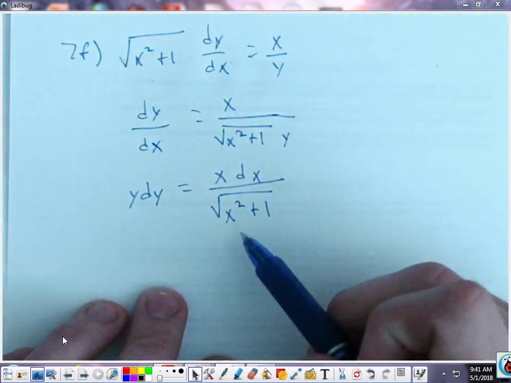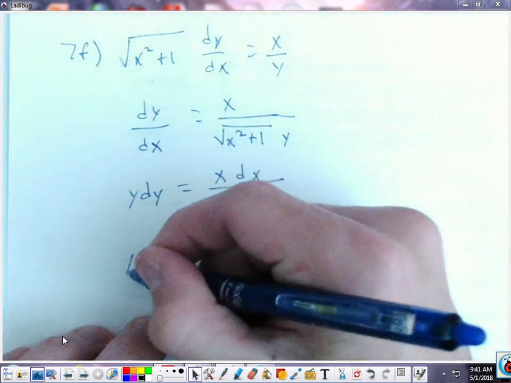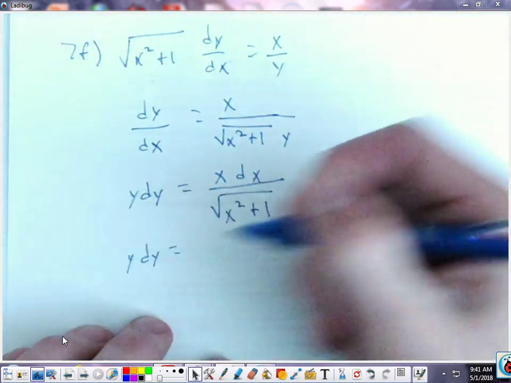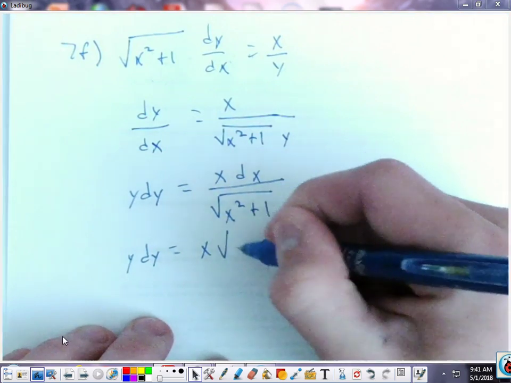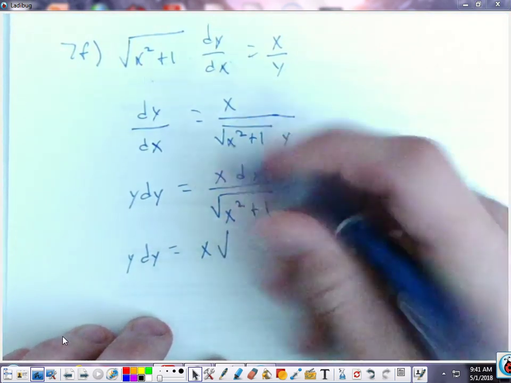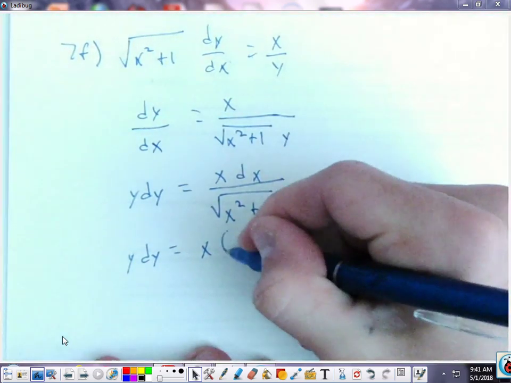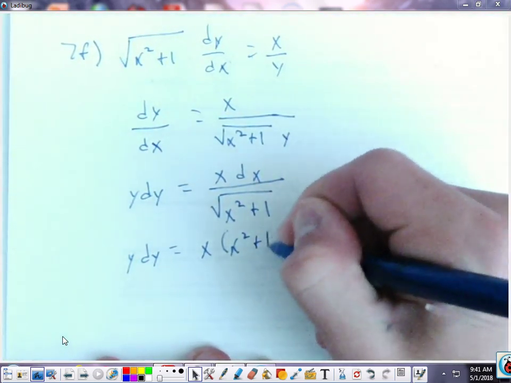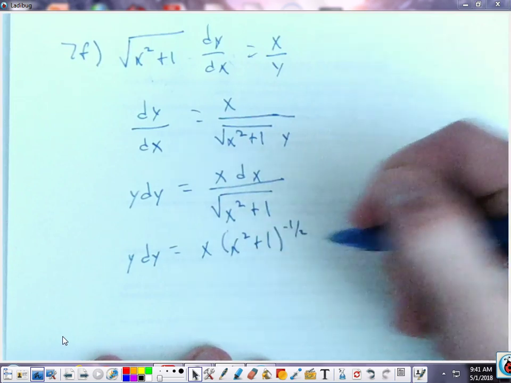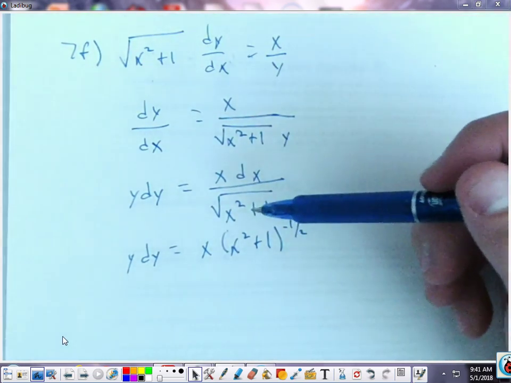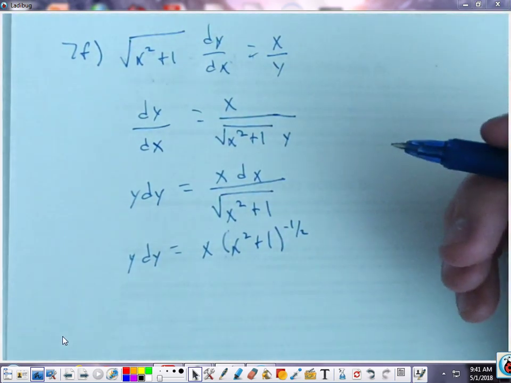What you have to do is move this up. So y dy equals x times (x squared plus 1) to the negative 1/2, because you can't do an ln since it's not to the power of 1. Found that out yesterday.